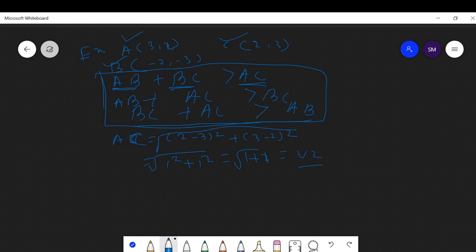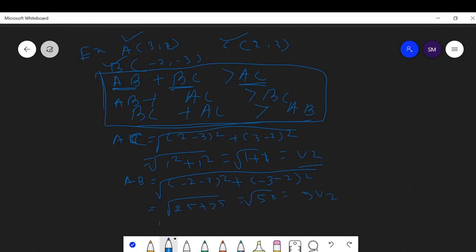Then the other side is equal to square root of (minus 2 minus 3) whole square plus (minus 3 minus 2) whole square, which is equal to square root of 25 plus 25, which is equal to square root of 50, which is equal to 5 root 2.